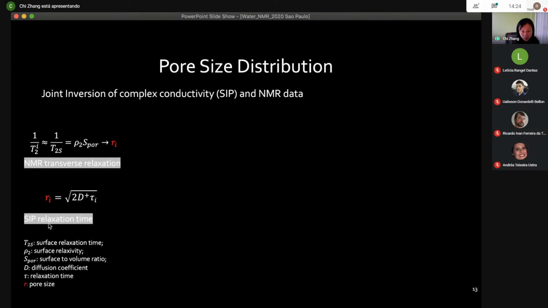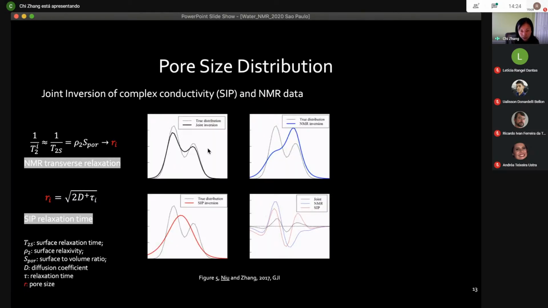So for this SIP relaxation time, we can also correlate it with our diffusion coefficient, as well as the tau, which is the relaxation time of the SIP, which you can get from the SIP signal. And they both are sensitive to this pore size. So we can do a joint inversion of these two data together.